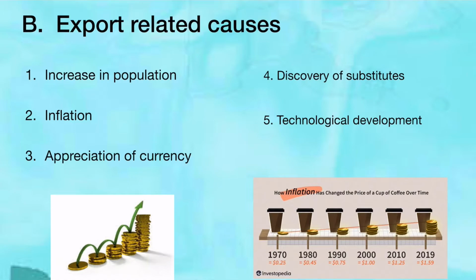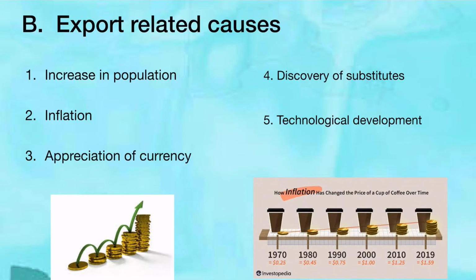That means now $1 will be equal to 50 rupees only, isn't it? Now, before appreciation, let's say USA would be receiving 60 rupees. Now, because our currency is appreciated, $1 will be equal to 50 rupees.